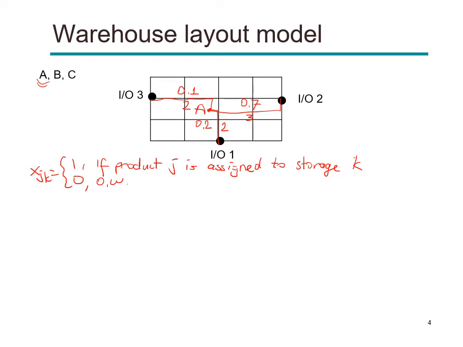Then only for this storage location, the total travel that we are making is, on the average, because we are multiplying with percentages, 0.2 times 2. 20% of the time we will use this door and we will cover this distance, plus 0.7 times 3 for using the input-output door 2, and 0.1 times 2 for input-output door 3.